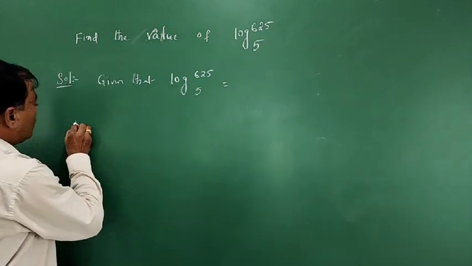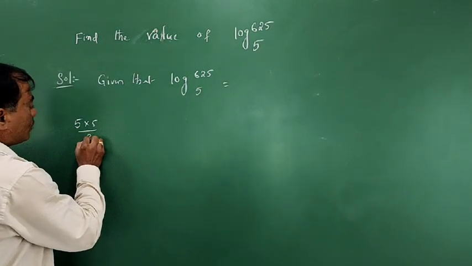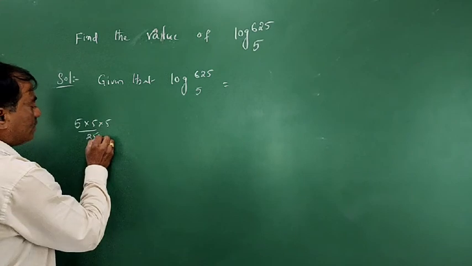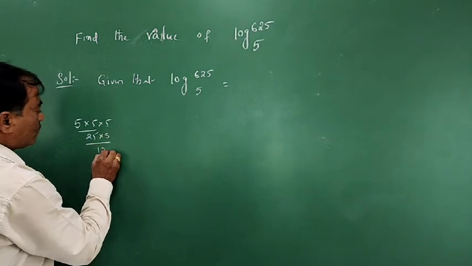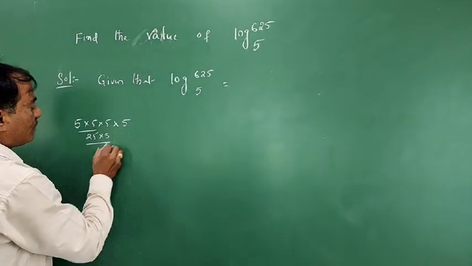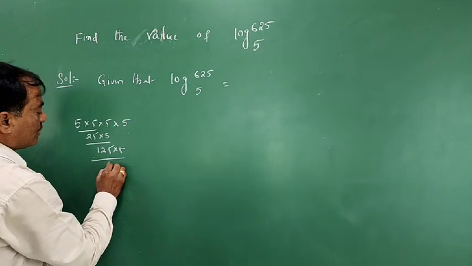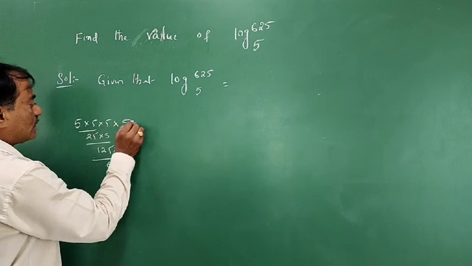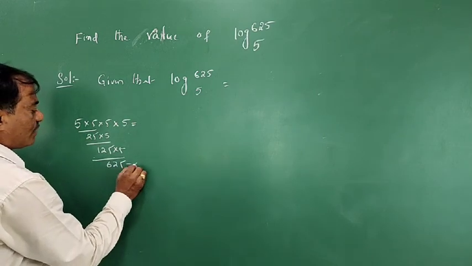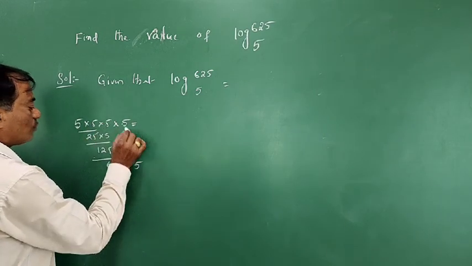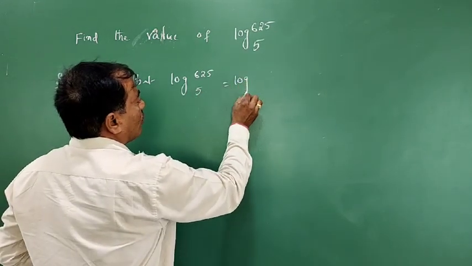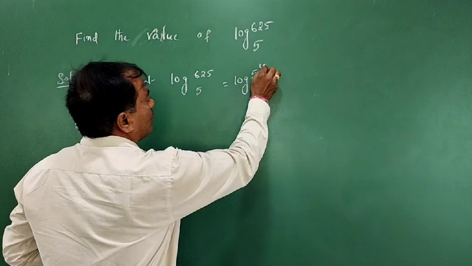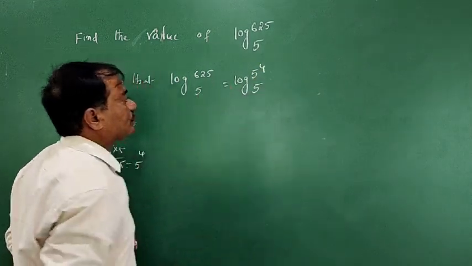Now 5 fives are 25, 25 fives are 125, and 125 fives become 625. So 625 can be written as 5 to the power of 4. Here we write log 5 to the power of 4 to the base 5.